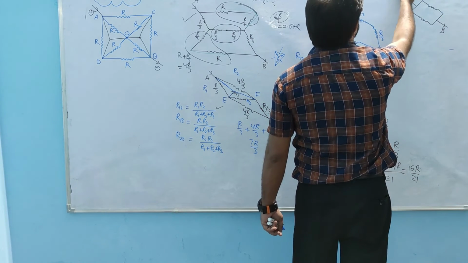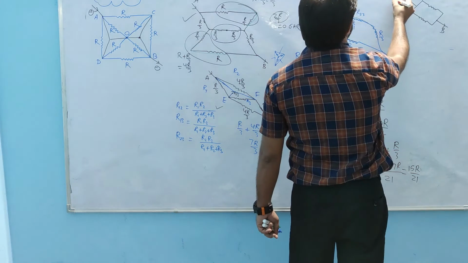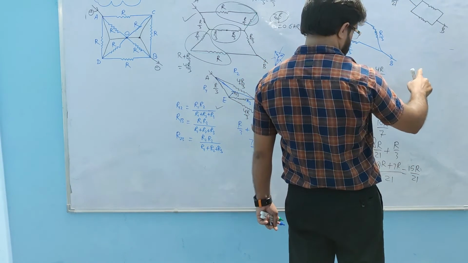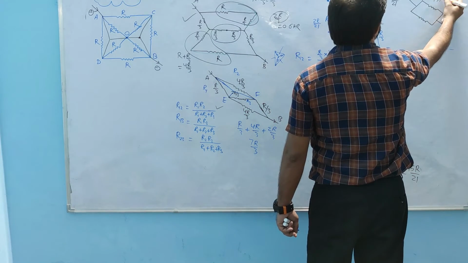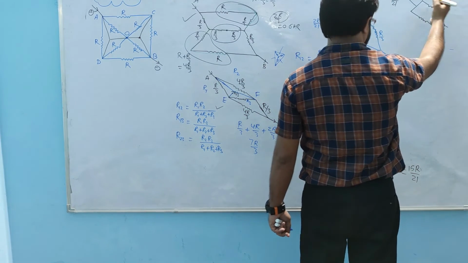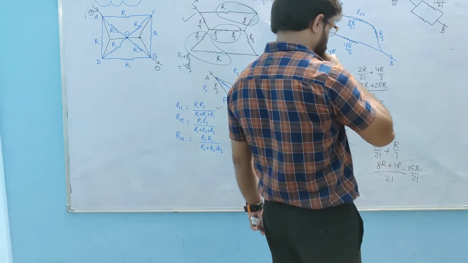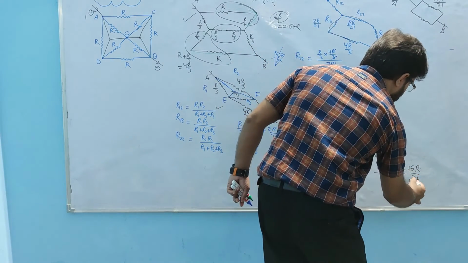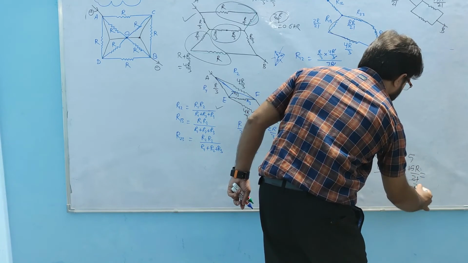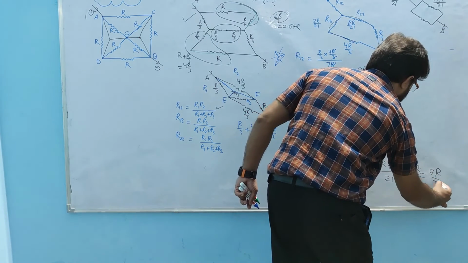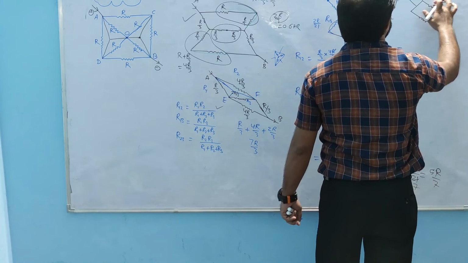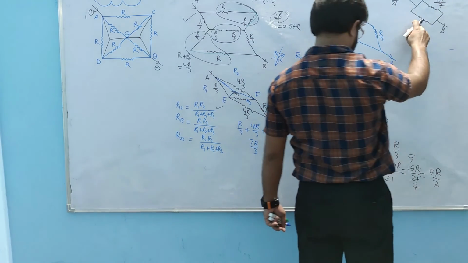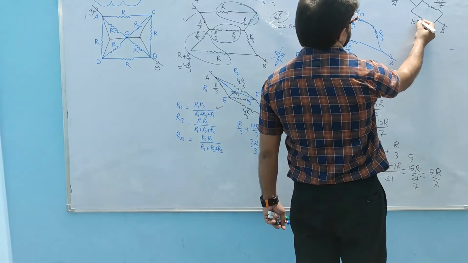This is B, this is A, this is 4R by 21, and this we have 15R by 21, and this is 15R by 21. Also we can simplify it to 5R by 7, and here it is 10R by 7.